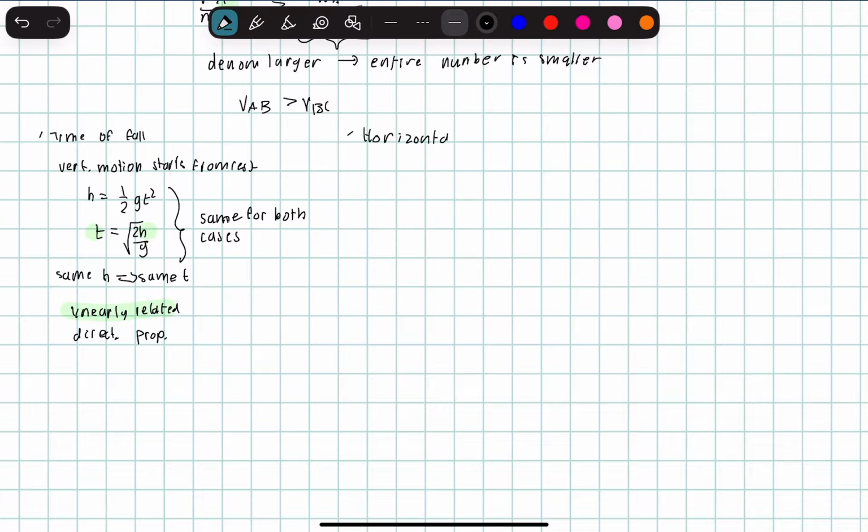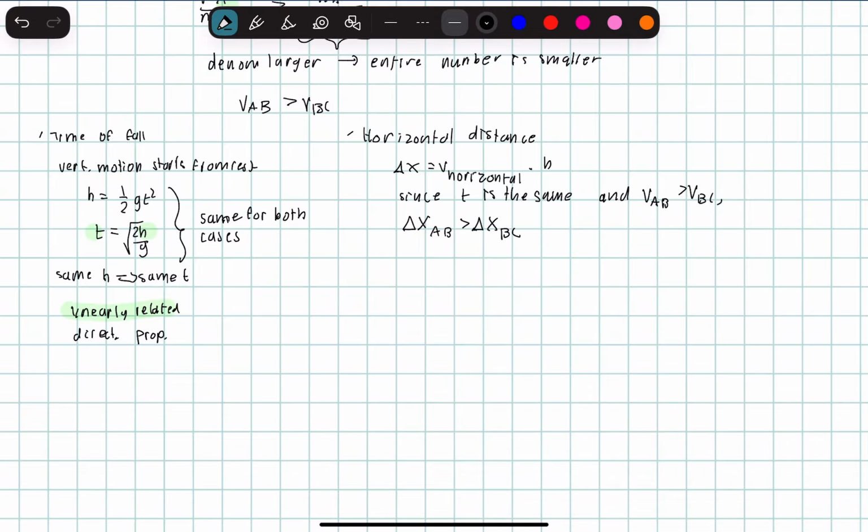Delta x is equal to the horizontal velocity times t. Since t is the same, and VAB is greater than VBC, we can conclude that delta x AB is greater than delta x BC.